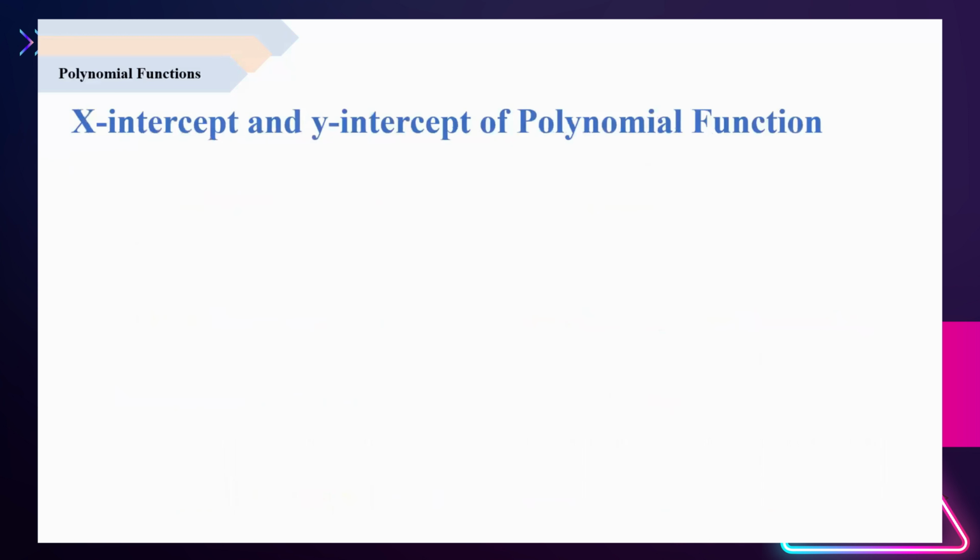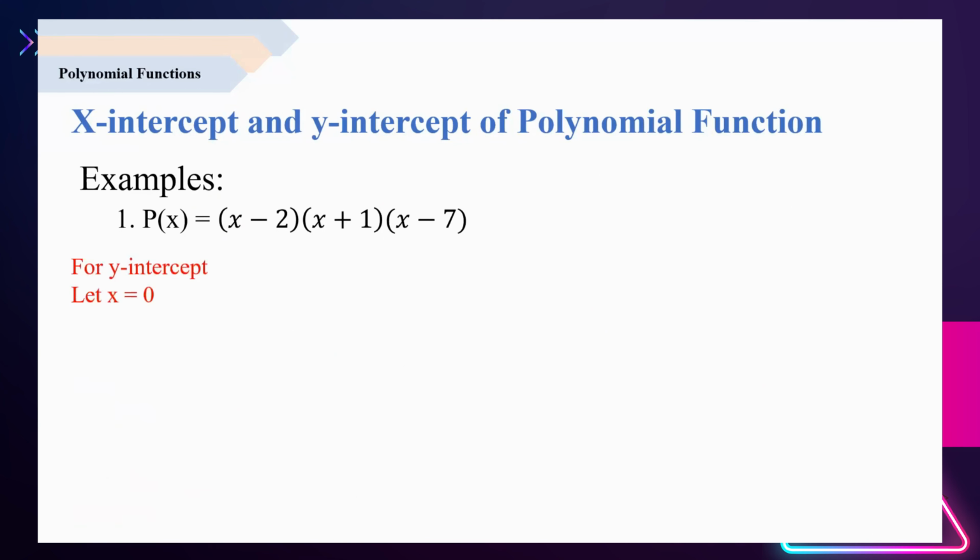Moving on to x-intercept and y-intercept of polynomial function. Examples. Let us identify the y-intercept and the x-intercept of p of x is equal to x minus 2 times x plus 1 times x minus 7. Unahin natin kunin ang y-intercept. So for y-intercept, always let x is equal to 0.